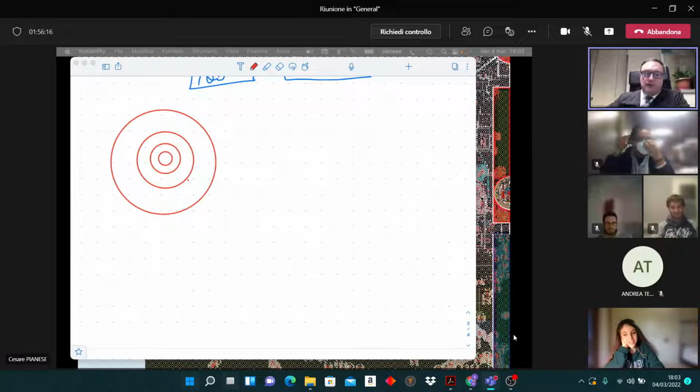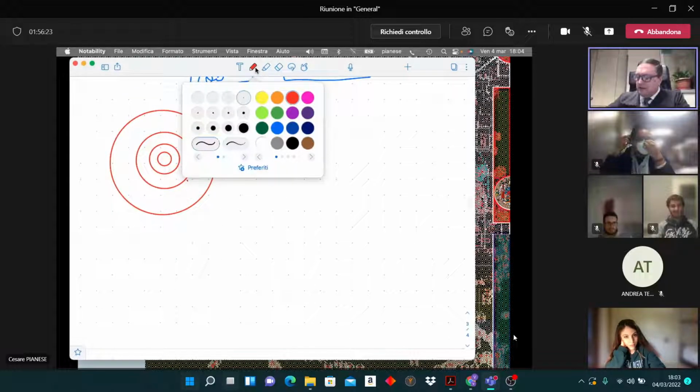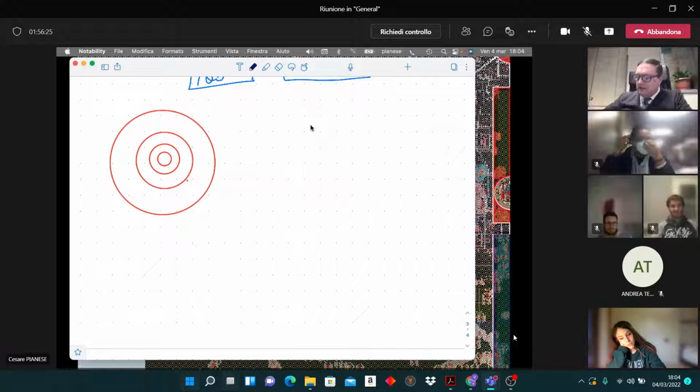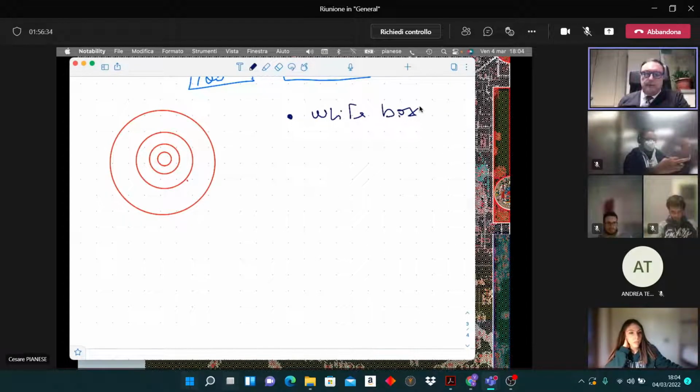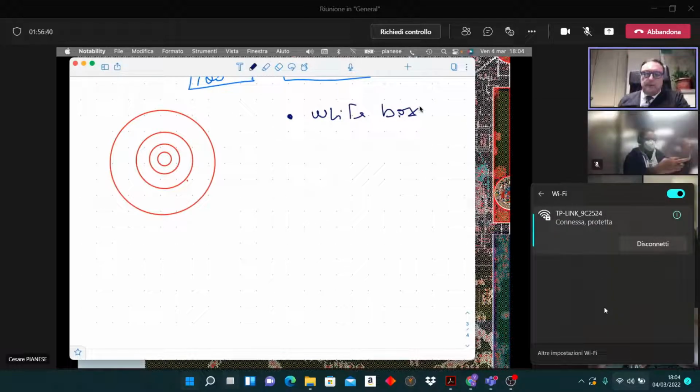Two kinds of darts. One is, let's say, a black darts, which is a white box. Okay, this is the result of the... Okay, this is an error, of course.